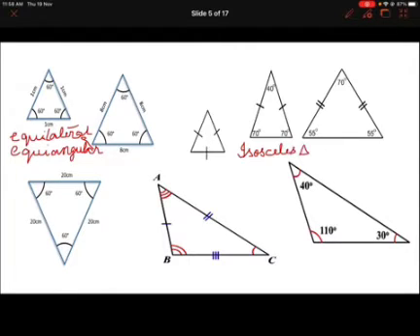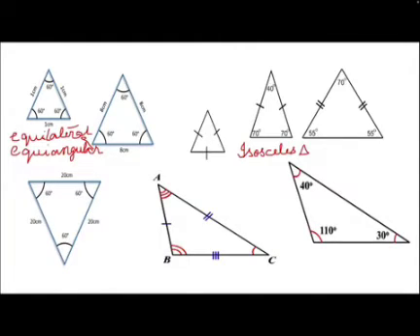Even if the angles are not given, it's very clear that this is an isosceles triangle. And children, please remember, if three sides of a triangle are equal, three angles are automatically equal. Similarly, if two sides are equal in a triangle, its corresponding opposite angles are also equal.